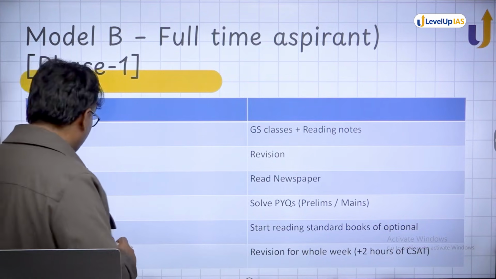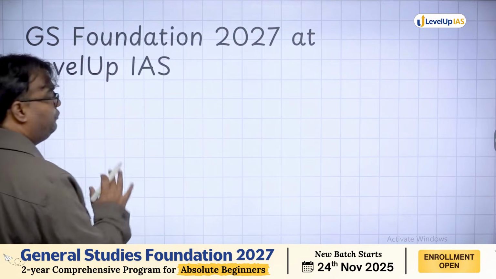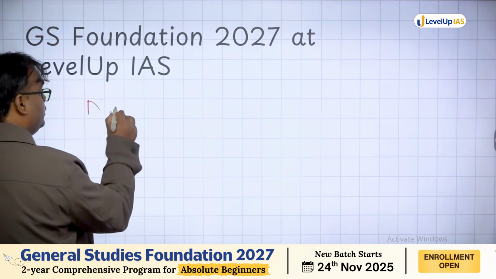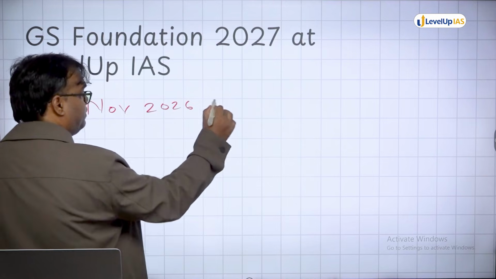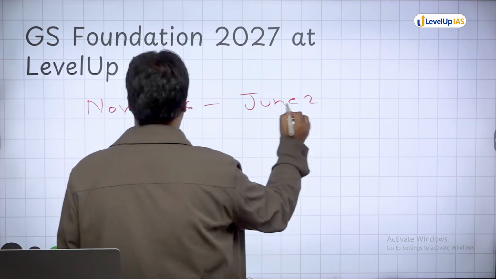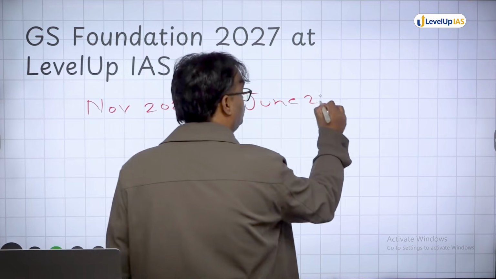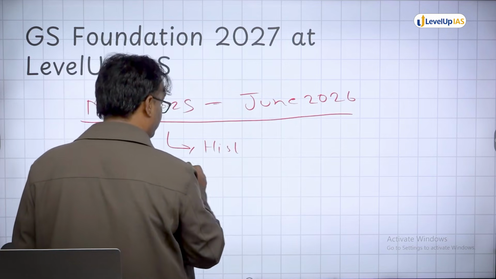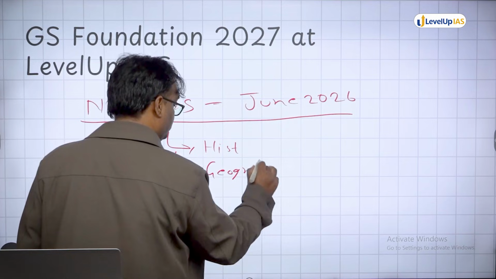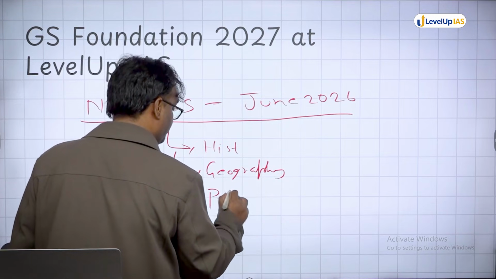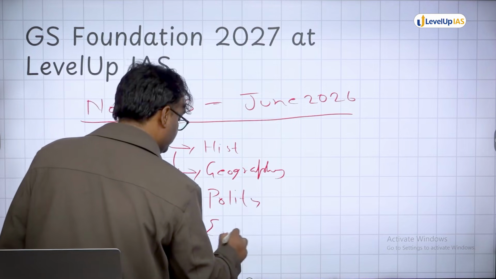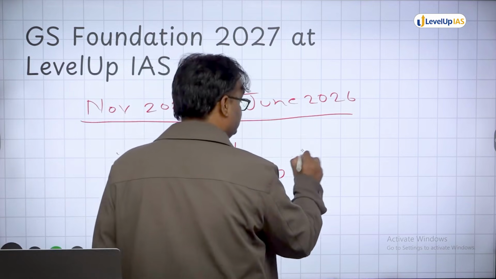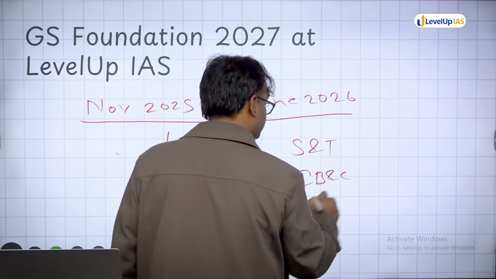In fact, if you look at the GS Foundation program at LevelUp IAS, we have also planned it the same way. From November 2025 to June 2026, we are focusing on fundamental areas: history, geography, polity, economy, ethics, science and tech, environment, biodiversity and climate change, disaster management.